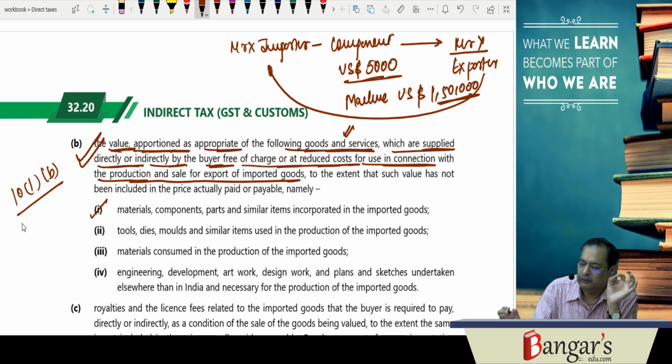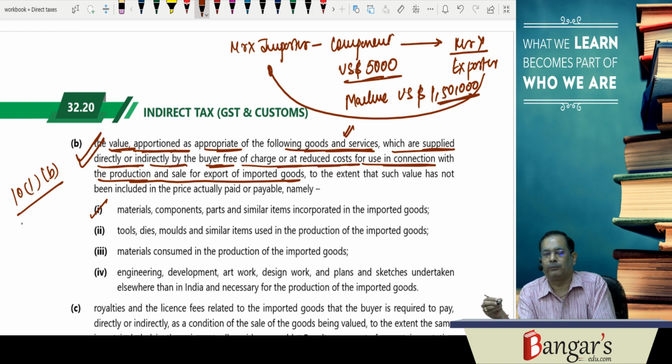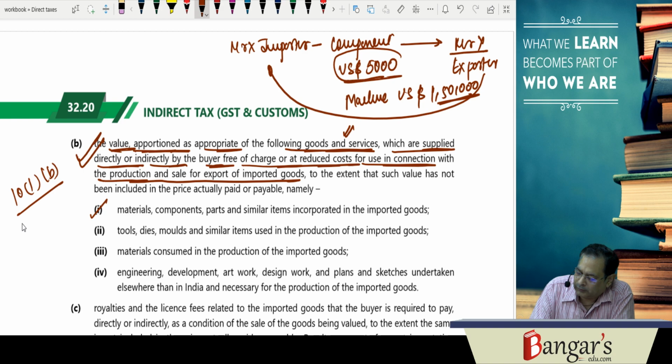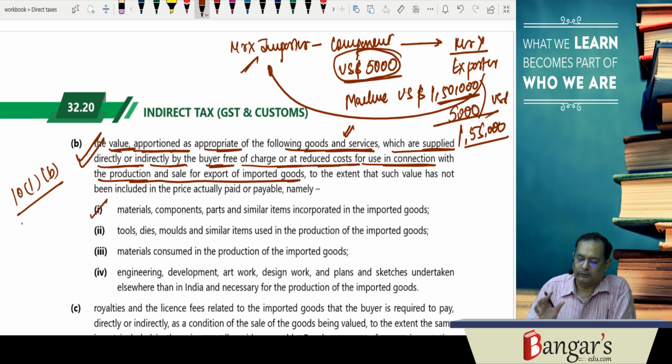Now, since the exporter is not incurring the cost of the component, this component worth US dollar 5,000 is provided free of cost by the importer. So this $5,000 will be added, and the value of the imported goods in that case will be 1,55,000 US dollars.